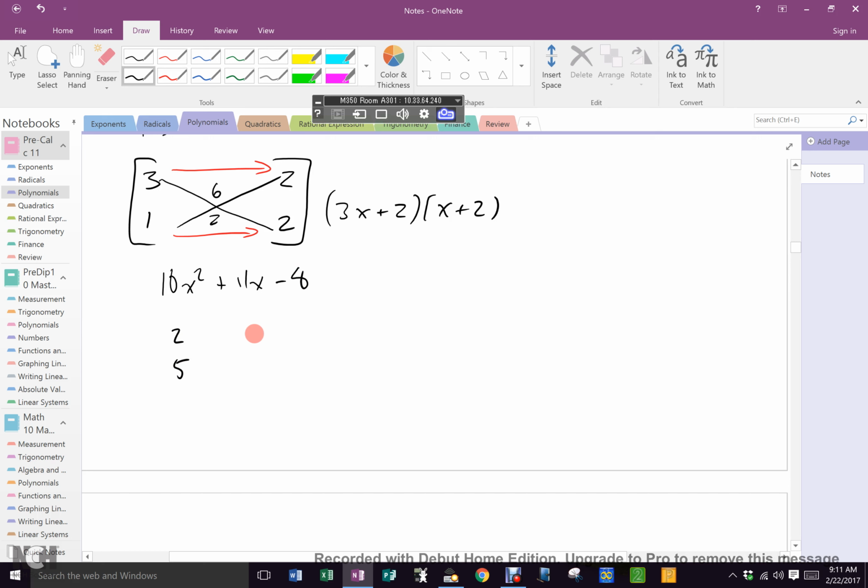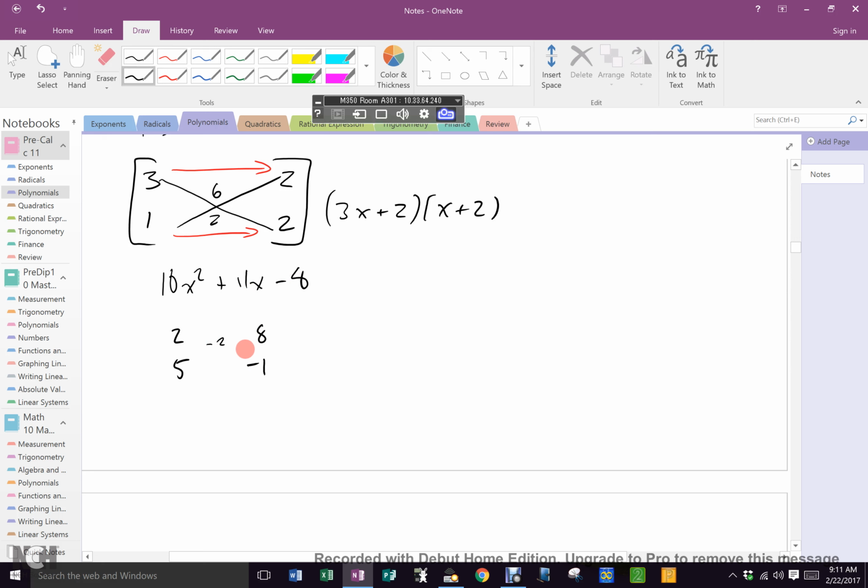So you quickly check. Now, Peter went with 8 and 1, right? And then one of them had to be negative, right? So you just check in your head: 2 times 1, that's 2. 5 times 8 is negative 40. Oh, that's not going to give me 11. So I have to change the negative down there. 2 times 1 is negative 2. 5... oh, wait, that doesn't work either. 5 times 8 is still 40.